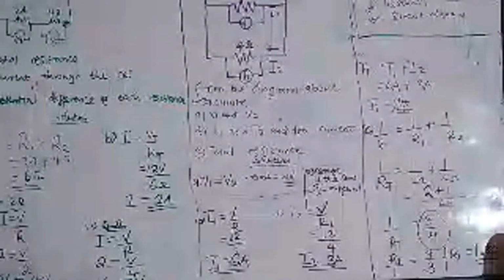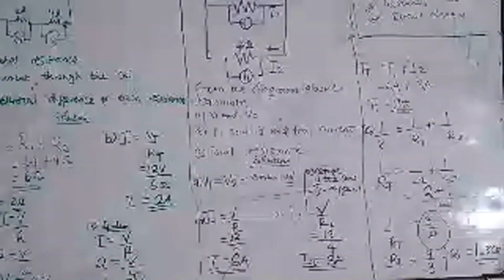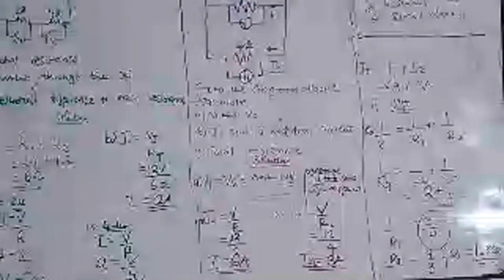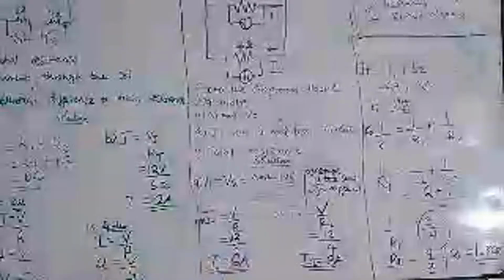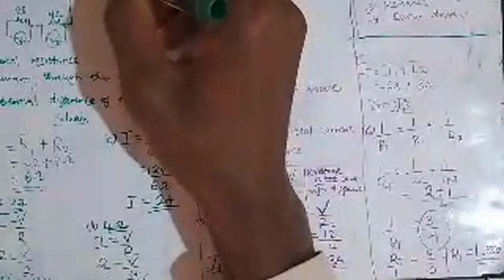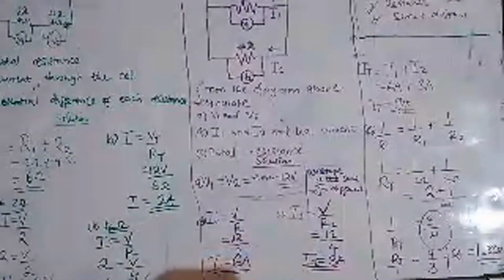So now, what are some of the advantages before I go? Because they may ask you what are some of the advantages which you come across on series and parallel. The first advantage of a series circuit is that all components receive the same current. This is the first advantage which you need to remember.